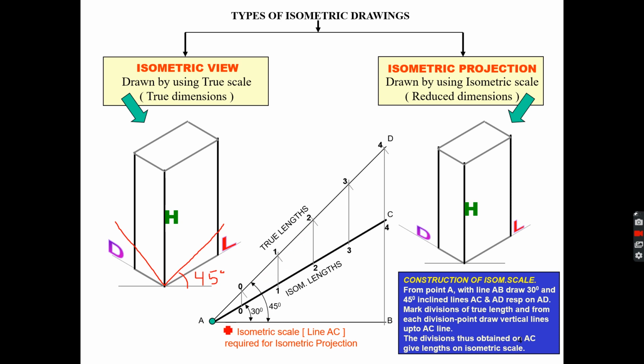It is the true length, and I am also drawing a line AC, which is at 30-degree. So it is the isometric length. From this graph you can see your AB is AD cos 45-degree and also AC cos 30-degree. When you solve it, you will get AC equal to 9 by 11 of AD, meaning isometric length is equal to 9 by 11 of true length.